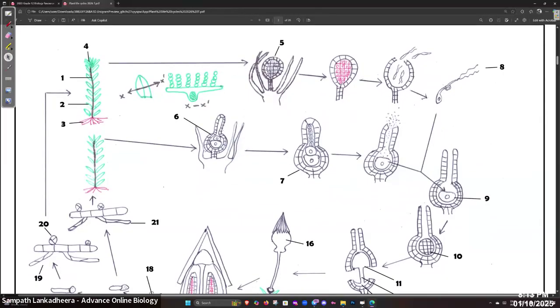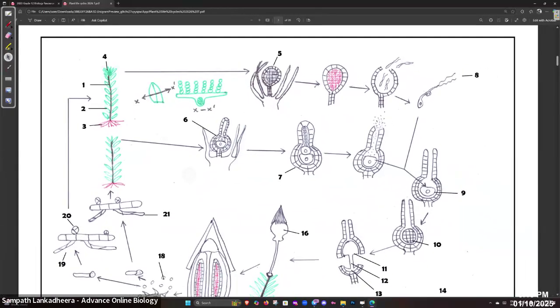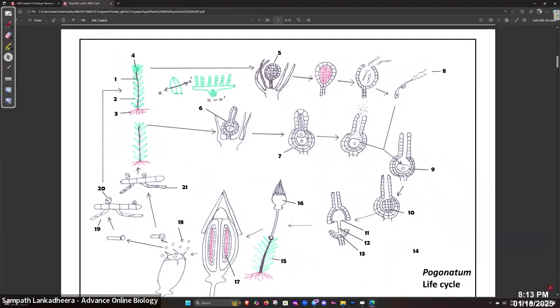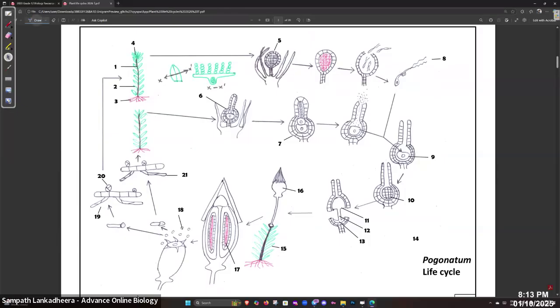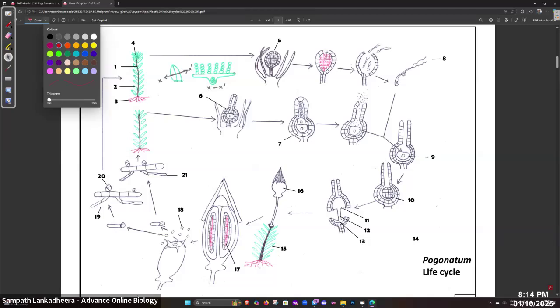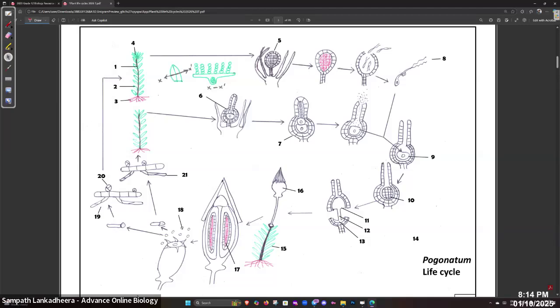Find your books, find your posters, whatever you have. You can pull out the posters that I have given to you, or else you can take the notebook. So this is the Pogonatum life cycle, and we can start from here.